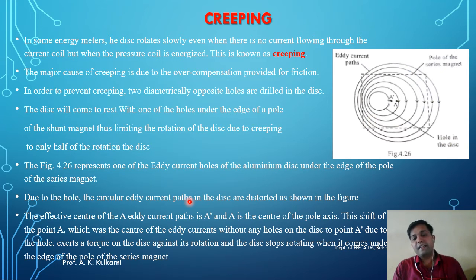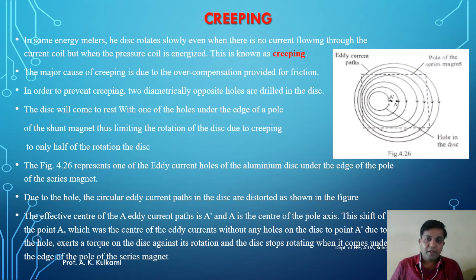In this figure we can clearly see the eddy currents circulating in a circular fashion on top of the disc. Whenever this eddy current passes through one of the holes, represented by A dash and A, the circulation of the eddy current is incomplete, so the disc will not start to rotate.